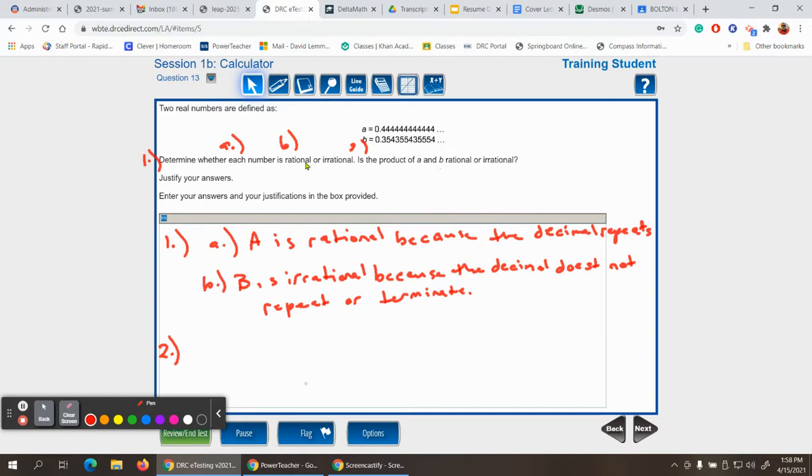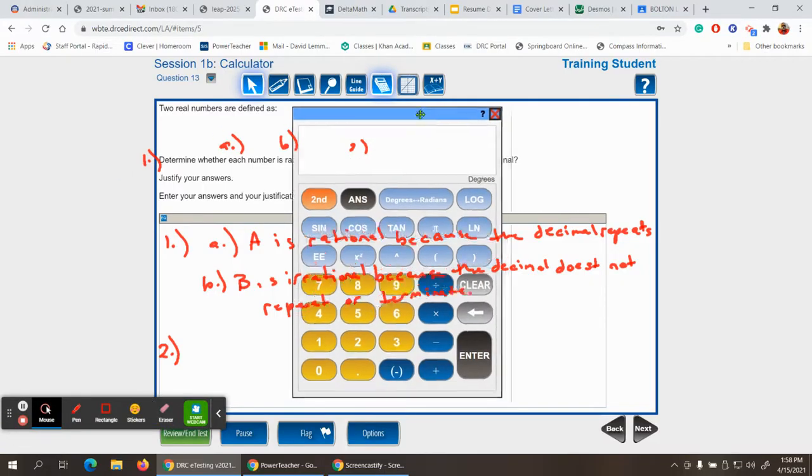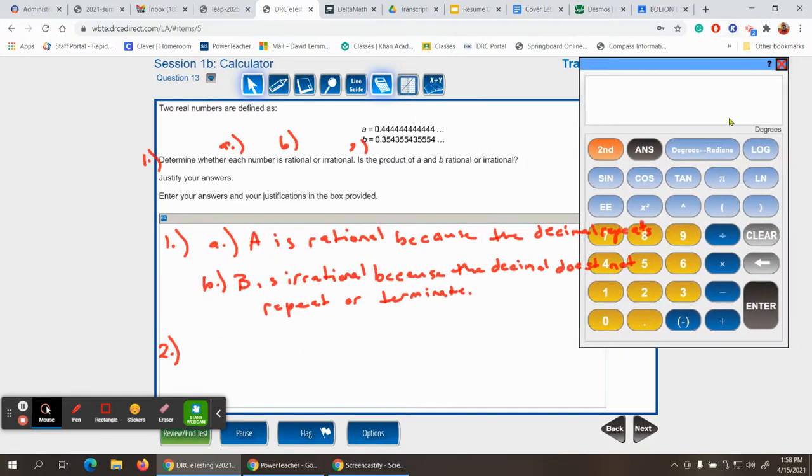So if I were to multiply these, you have a calculator. I'm going to say 0.4444444444 times 0.3355435554, and I hit enter, and it gives me essentially another run-on decimal.